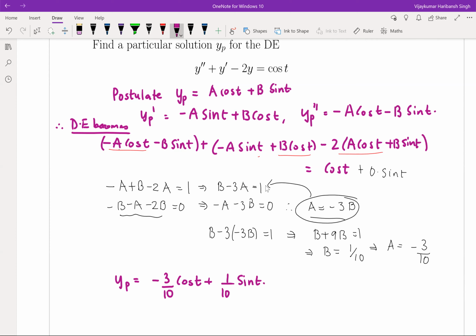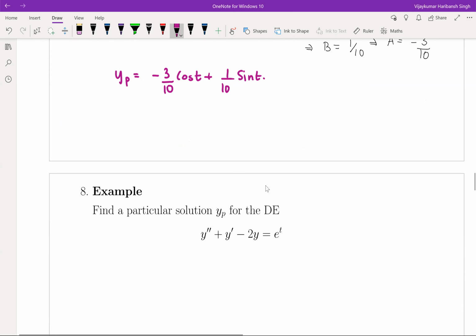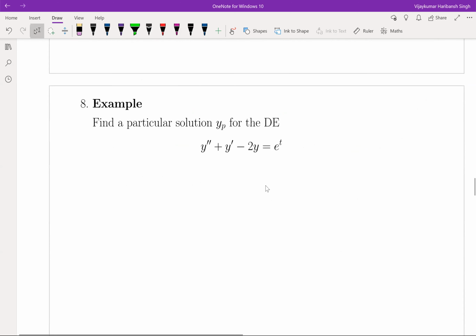Now, let's look at the next problem. There's something very interesting happening in this problem. Again, we may be forced to conjecture yp equals a e to the power t, and let's see why this doesn't work.